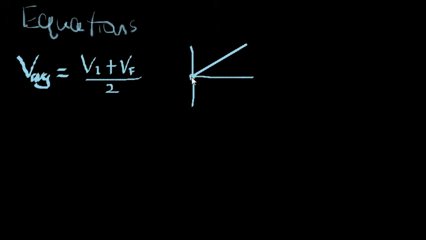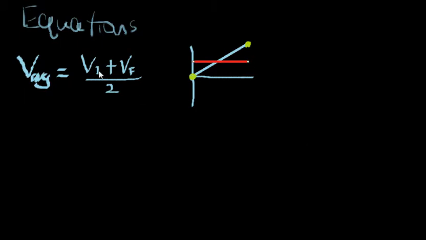This is its initial velocity and this is its final velocity. So what is its average velocity? Clearly you can see it is that plus that divided by 2. So the average line is, let me change to another color, red, sort of like this.